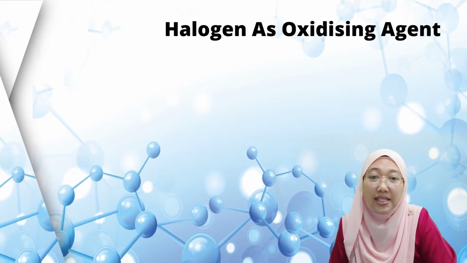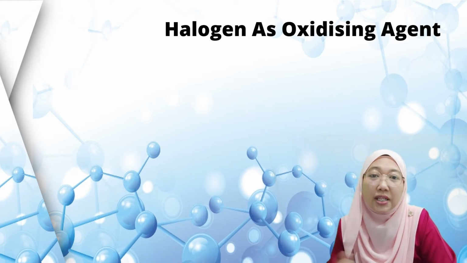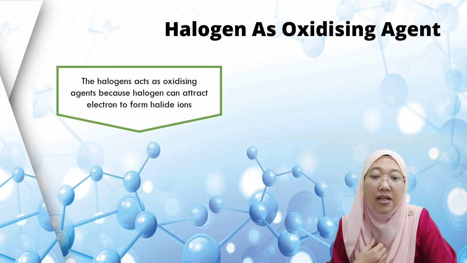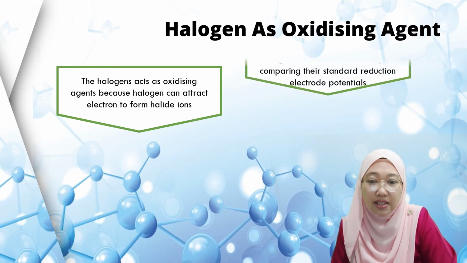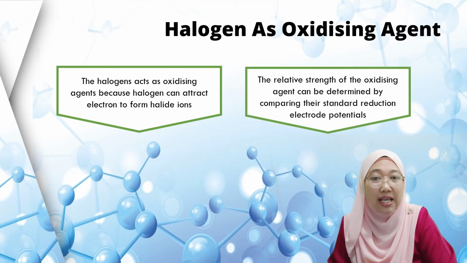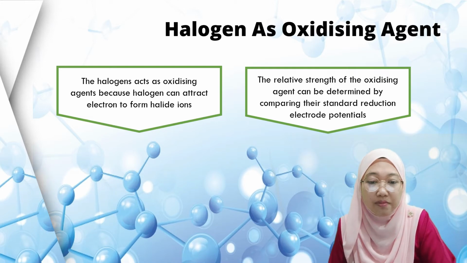Halogen as oxidizing agent. Okay, seperti yang saya bagi tahu sebelum ni di awal video tadi, halogen dia adalah prefer untuk receive electron. So bila dia receive electron, dia akan reduce, okay, akan jadi process reduction and it becomes oxidizing agent. Okay. So the relative strength of the oxidizing agent can be determined by comparing their standard reduction electrode potential.